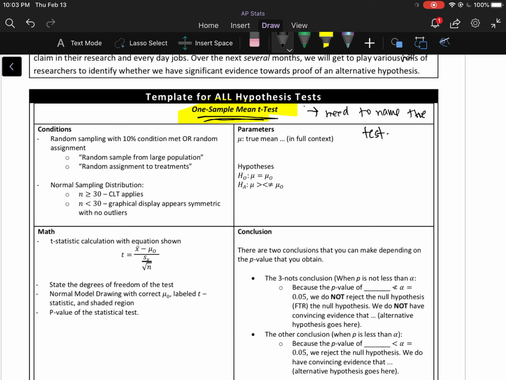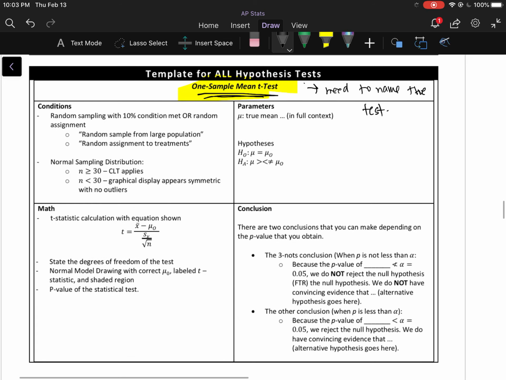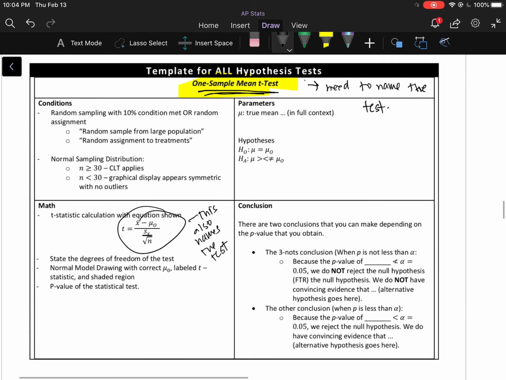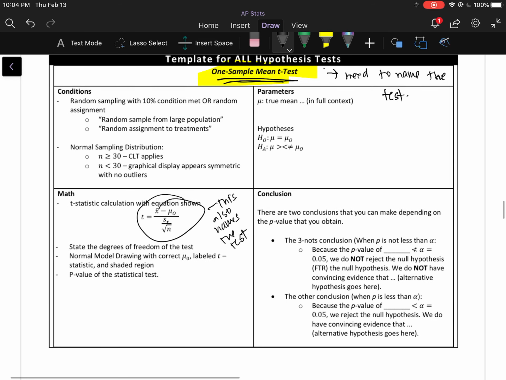You can name the test like I did up here, saying one sample mean t-test, or using the equation. This also names the test. I've done it here twice to ensure that you will for sure get the points that you deserve.